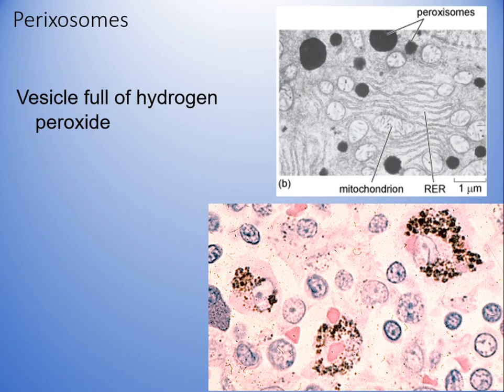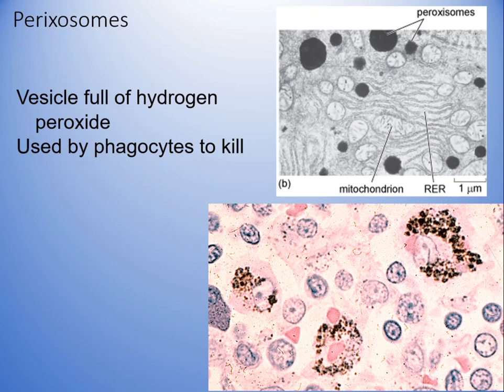Look at this picture up here on the right. This is kind of fascinating. You can see the folds of the rough ER. You can see a mitochondria, and the folds in it as well. And then you can see all of these peroxisomes that are darker in color. Down here on the bottom right, the peroxisomes are releasing their hydrogen peroxide, and you can see that dark color leaching out from the cells.